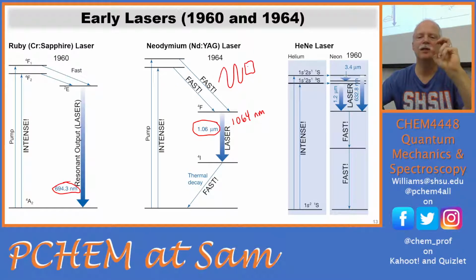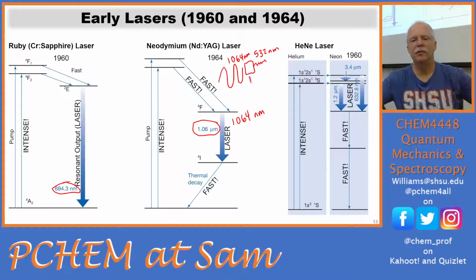They're called birefringent materials, and you can tune their refractive indices, and it's angle dependent. But what you can do is then double the frequency. So if this is 1064, this is half of that, 532. And so that's a frequency doubling crystal.